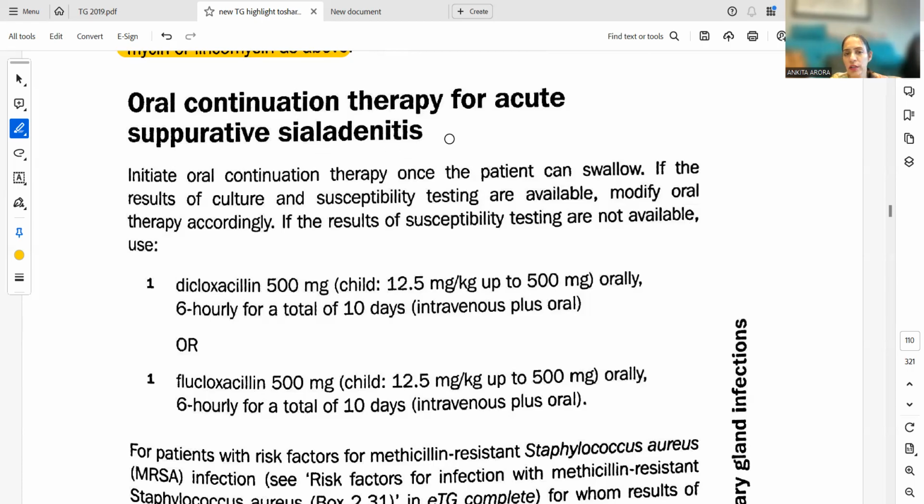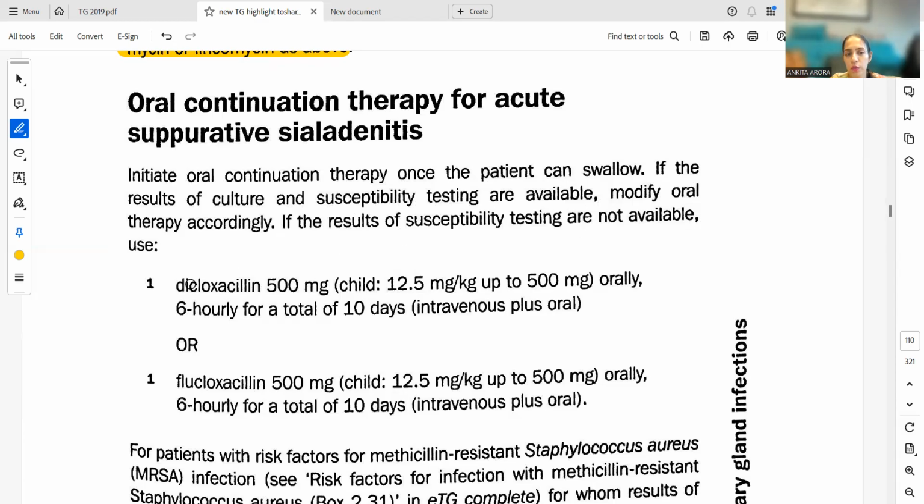Oral continuation therapy for acute suppurative sialadenitis. So after the patient is able to swallow, we can switch from IV to oral. If the results of culture and susceptibility testing are available, modify oral therapy accordingly.